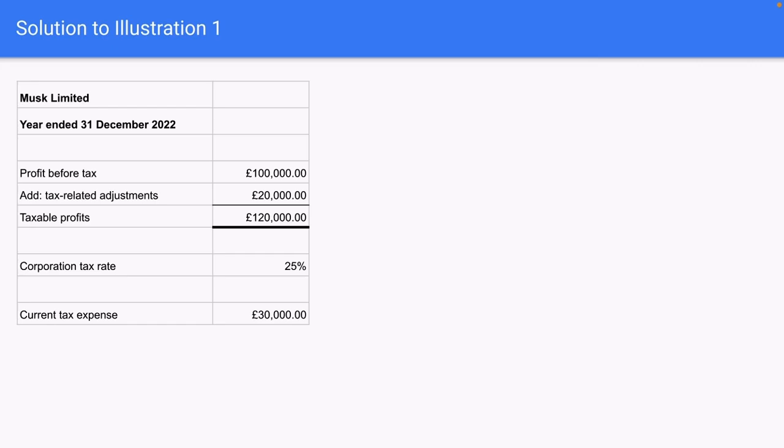And that's what you see in this illustration. So when you add £100,000 to £20,000, you have a total taxable profit of £120,000. Tax rate is 25%, and 25% of 120,000, you have a current tax expense of £30,000.